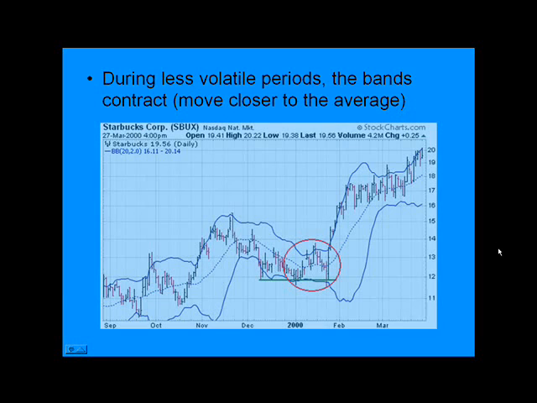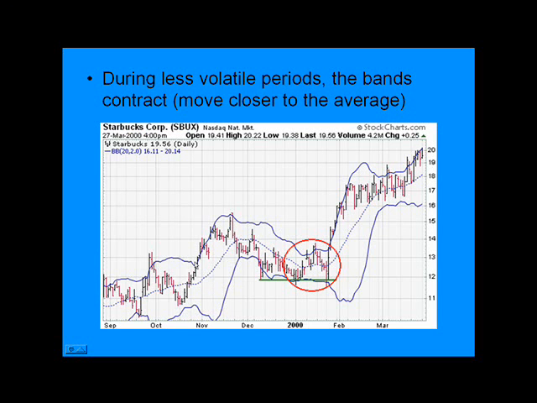So if the bands push away during highly volatile times, during less volatile periods of time, it's often known that the bands contract, they tighten, they come closer together. Here we can see we got our spreading, the mouths open up, spread, and as the stock consolidates, that's another way to look at it. Less volatility equals consolidation, a stock that is channeling.